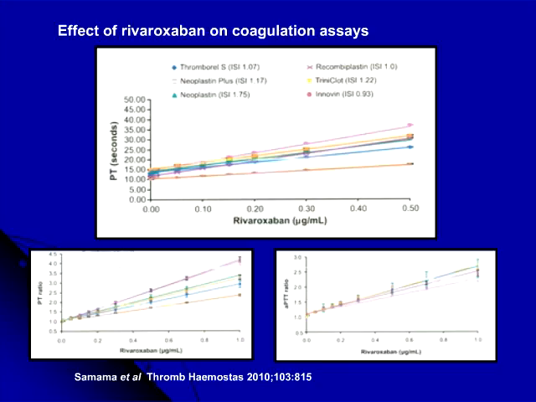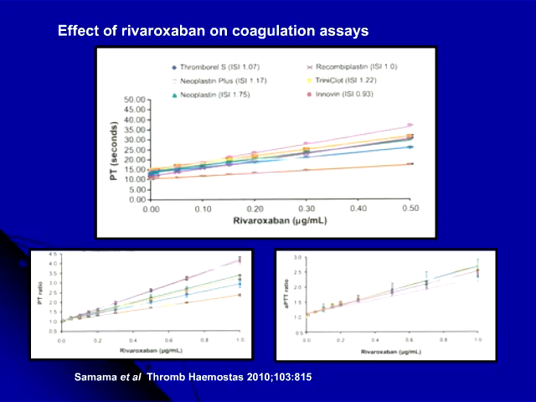Now, I just want to point out some headline issues regarding the effect of these drugs on tests. So what we have here is an example study, and in the top graph we've got the prothrombin time in relation to the 10A inhibitor rivaroxaban using a number of different thromboplastins.